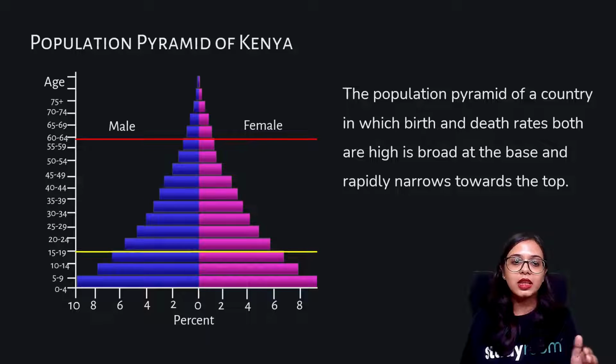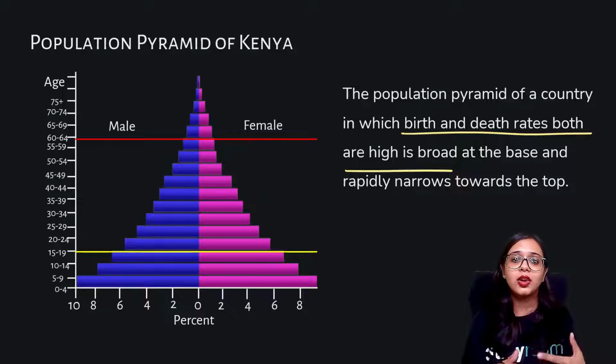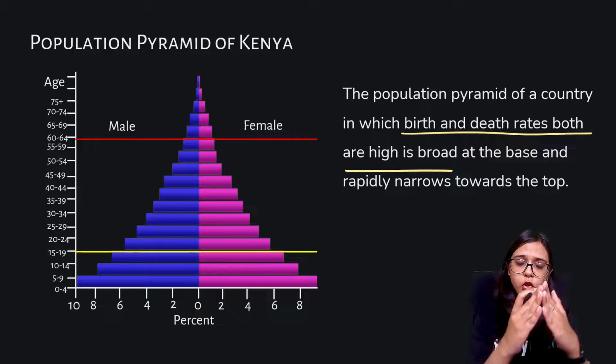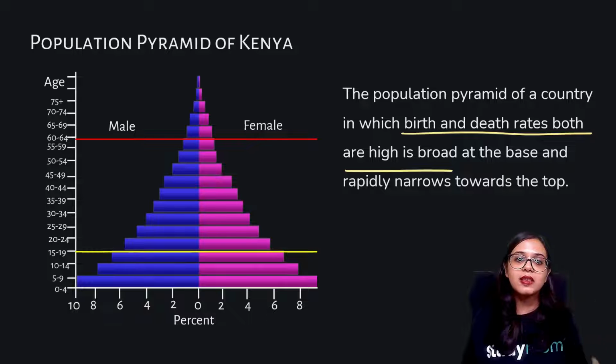You can see that the base is broad while the top is gradually decreasing. This indicates that the birth and death rates both are high. Death rates are high, which is why towards the top you're getting fewer and fewer people. When people are dying, the graph would naturally decrease.